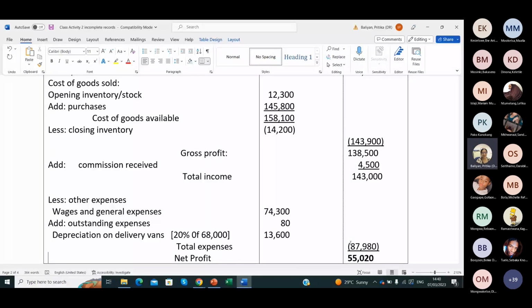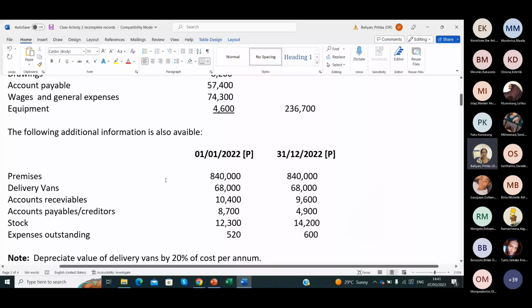So the wages and general expense was 74,300 and outstanding expense 80. From where does this 80 figure come? If you go back to the question, you will see outstanding expenses at the beginning of the year is 520 and at the end of the year is 600.